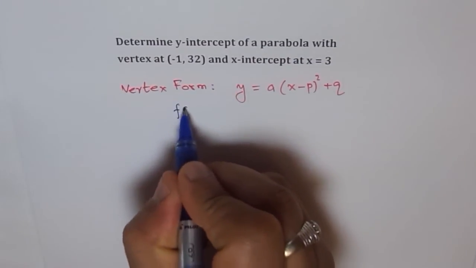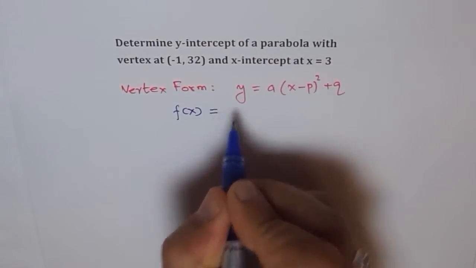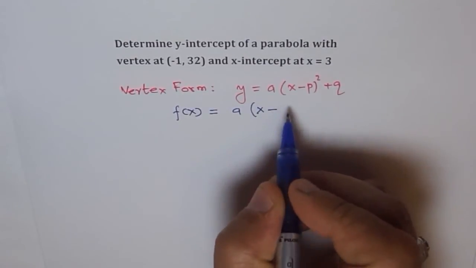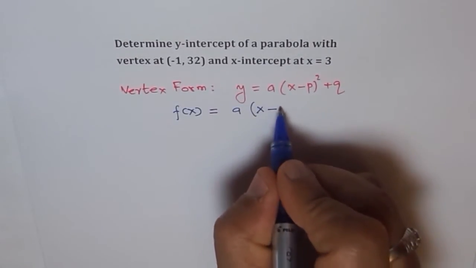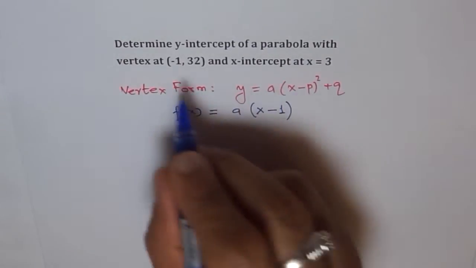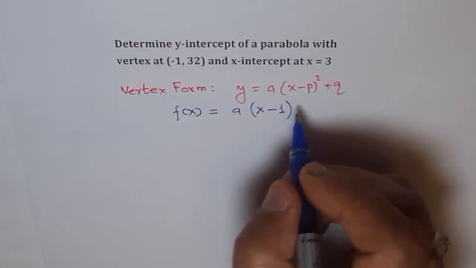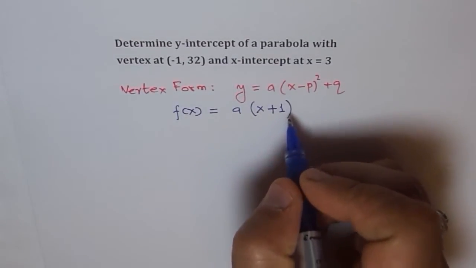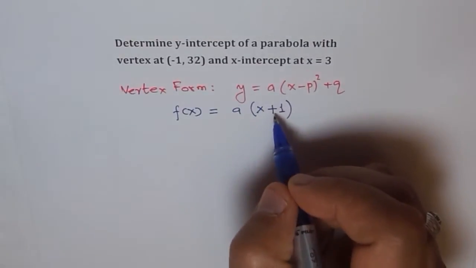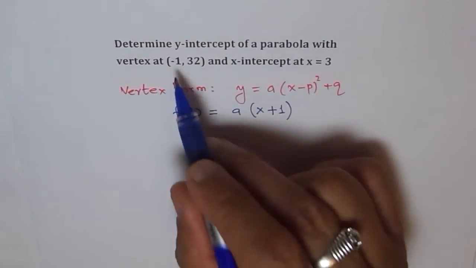we can write that our function f(x) is equal to a times (x plus 1), and because it is minus of -1, it will be plus 1. Do you understand this? Because the p value is -1, it's minus of the x value, which is -1.